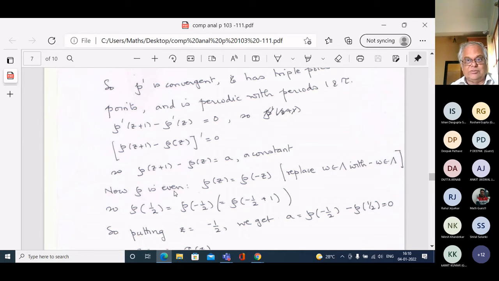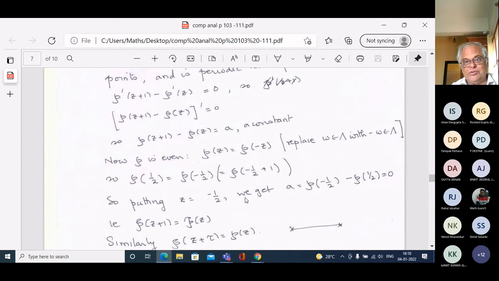Now, P is an even function, because you can replace w by minus w, and that means P of half is P of minus half. Therefore when you put z equal to minus 1/2, you get A is equal to P of half minus P of minus half, but this is 0.